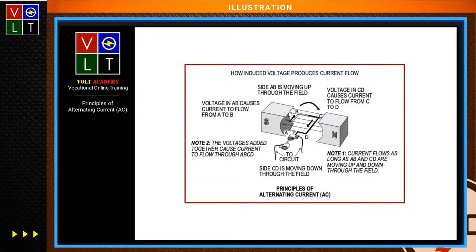When the coil is in the vertical position, the sides are moving horizontally and parallel to the lines of force, and no voltage is induced. However, as the loop moves through this position, side AB rotates down through the field, and the side CD does what?